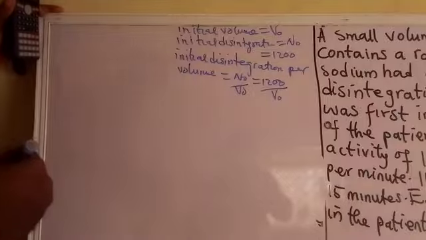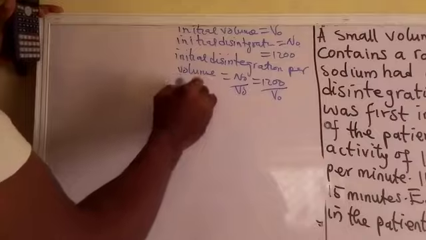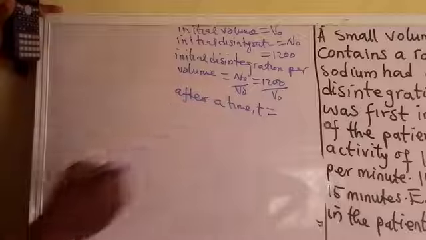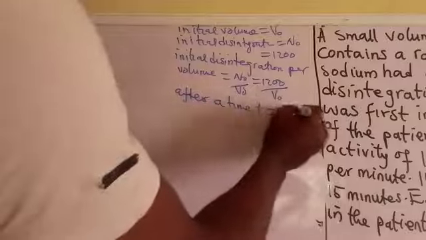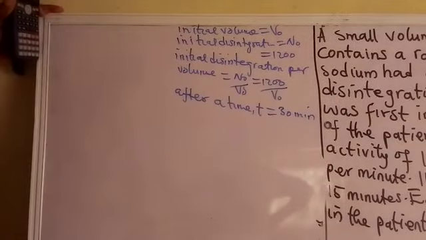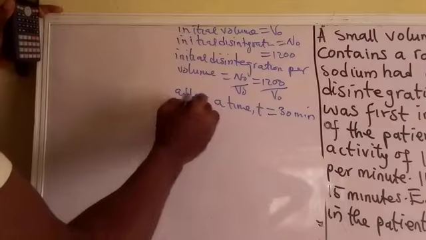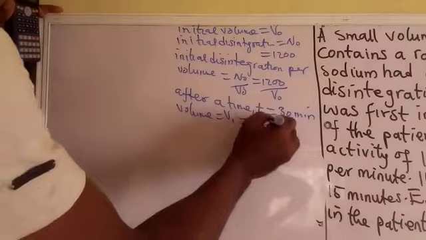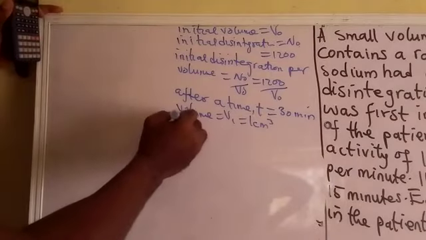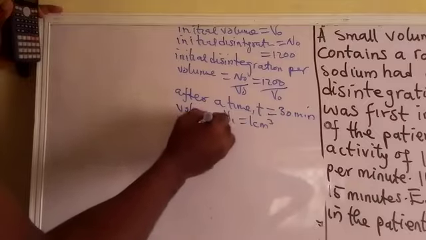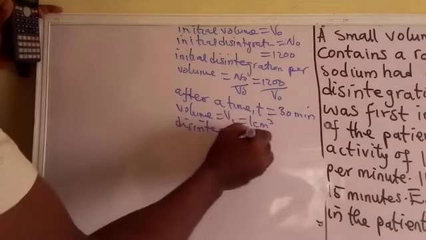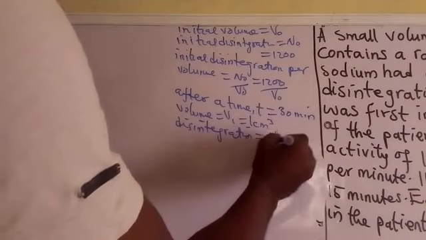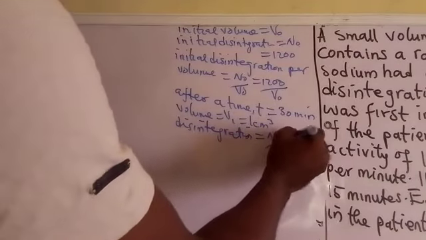Okay? Now, after a time t, whose value is 30 minutes, okay, the volume, call it V1, was 1 cm³. Then disintegration after this 30 minutes is N over V. That disintegration was given as 0.5.